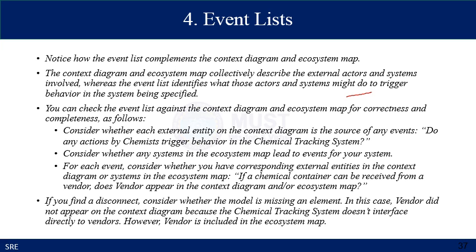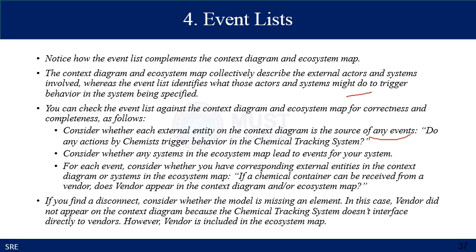So you can check the event list against the context diagram and ecosystem maps for correctness and completeness as follows. You can consider whether each external entity on the context diagram is the source of any event. Do any of the actions chemist triggers behave in the chemical tracking system? You can consider whether any systems in the ecosystem map lead to events for your system.